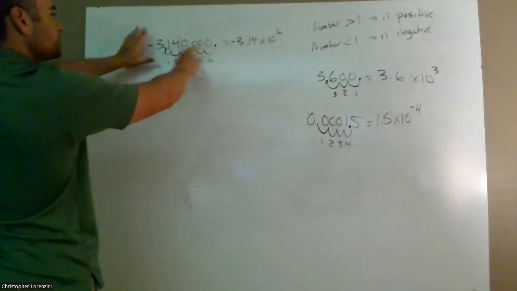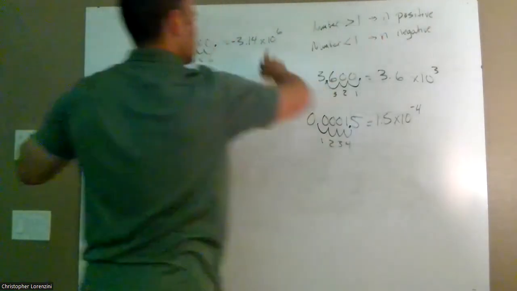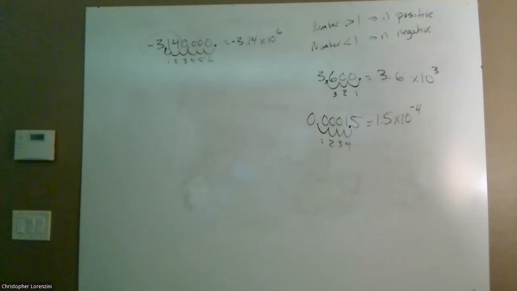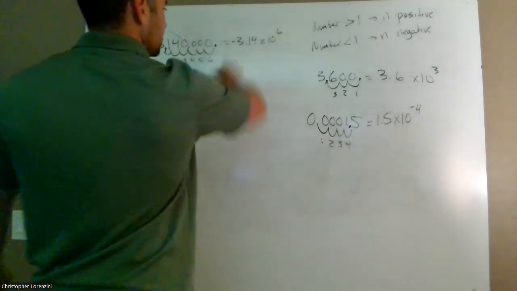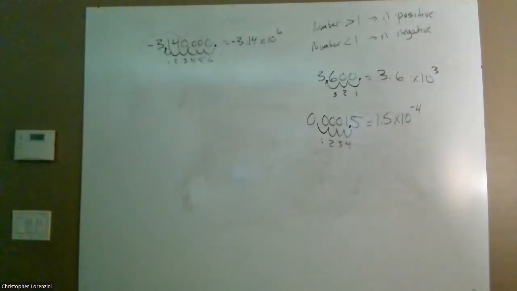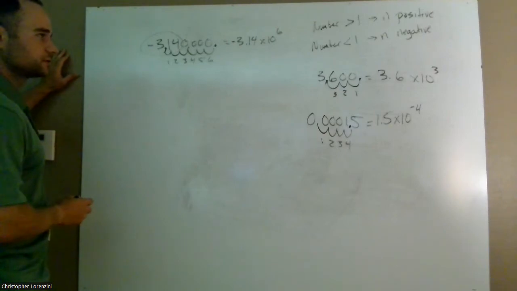And since my number, not the negative sign, the number is larger than 1, my exponent is positive. So negative 3,140,000 can be rewritten as negative 3.14 times 10 to the 6th power. That's how we go about writing numbers in scientific notation.